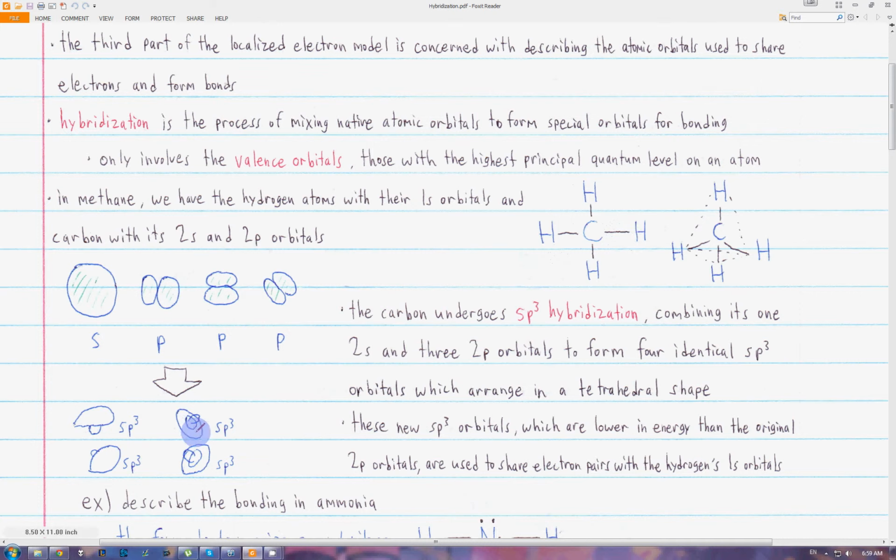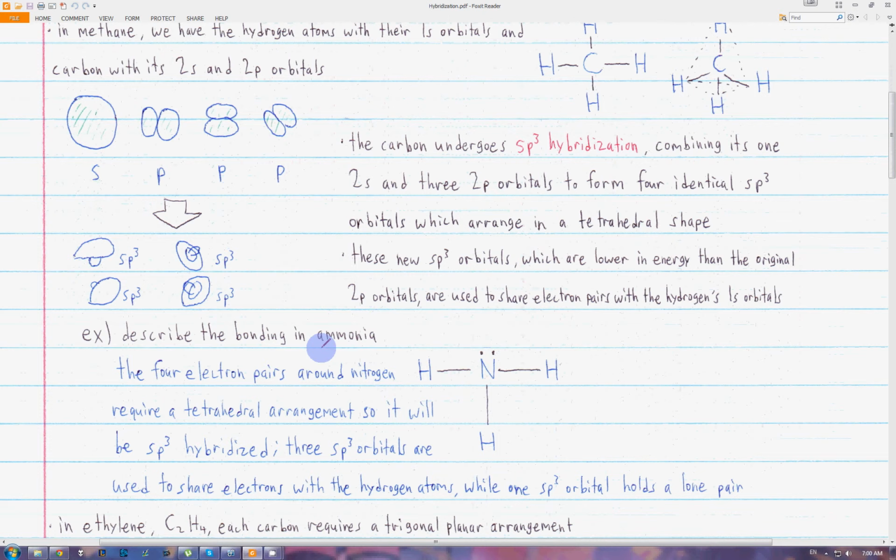So these sp3 orbitals overlap with the 1s orbitals from the hydrogen and share the electrons. And note how these new sp3 orbitals are lower in energy than these original p orbitals, because remember, a molecule is all about getting the lowest possible energy.